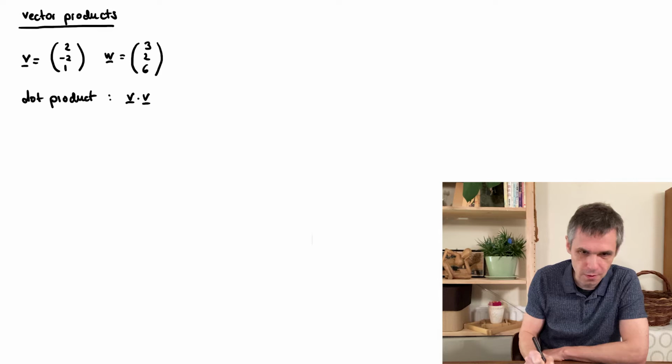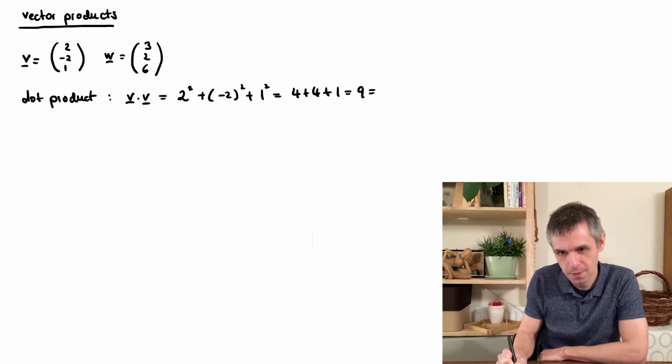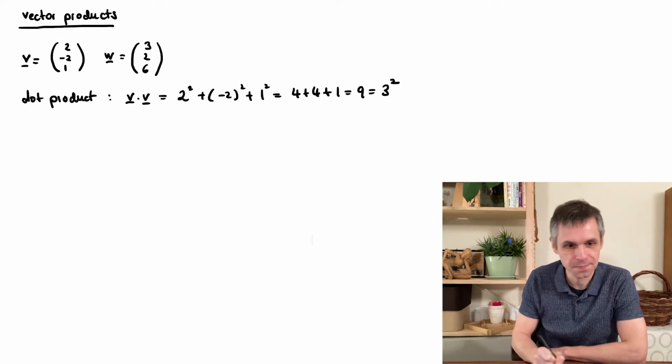So the dot product of v with itself would be 2 squared plus minus 2 squared plus 1 squared, which is 4 plus 4 plus 1, which is 9, and therefore 3 squared.